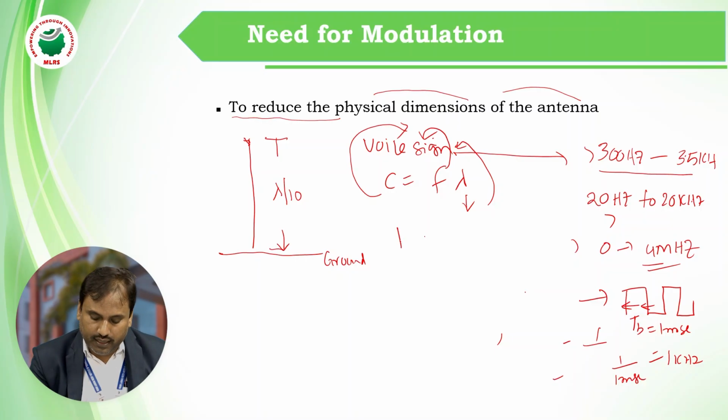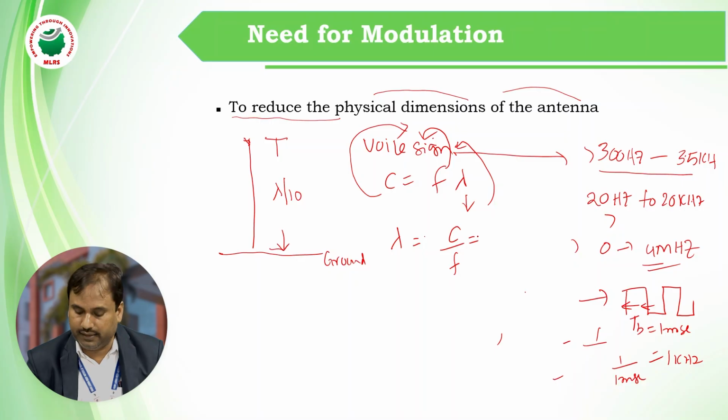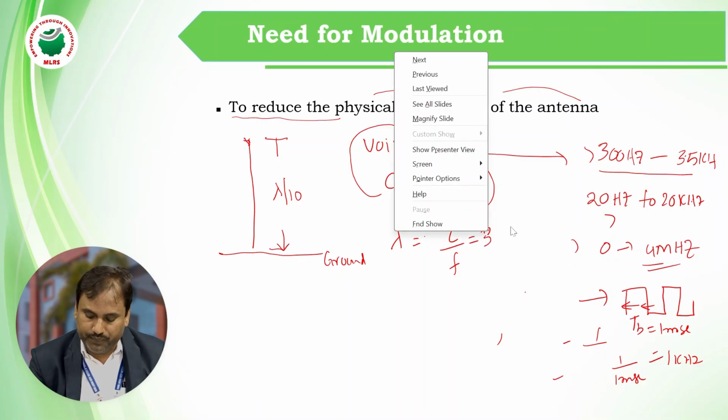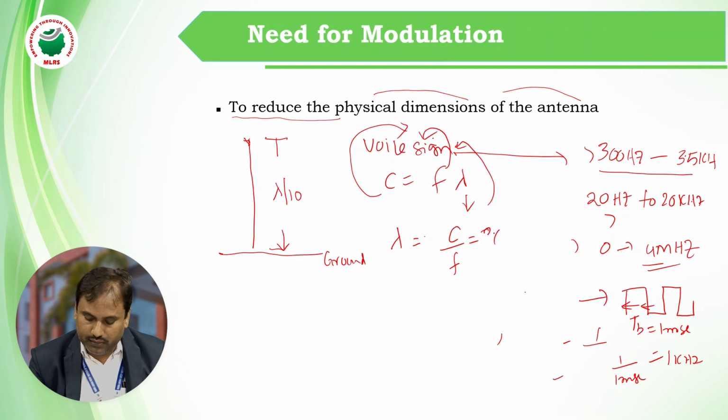So lambda is equal to c by f. The velocity of light, which is the velocity of the signal, is 3 into 10 power 8 meters per second, or 3 lakh kilometers per second. Divided by the frequency; let me take 300 Hz as my signal frequency.